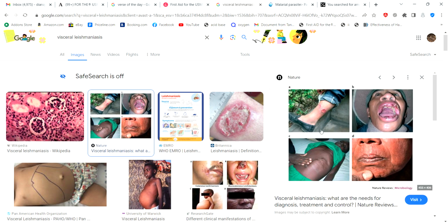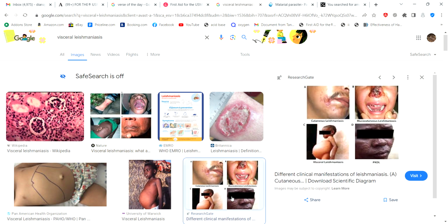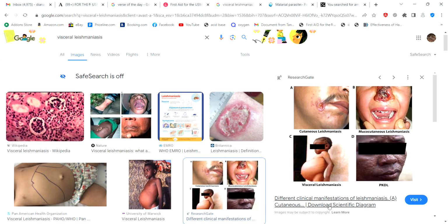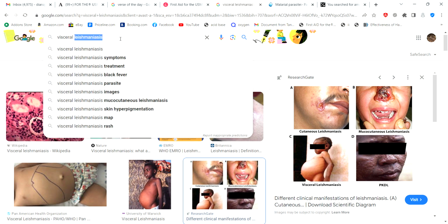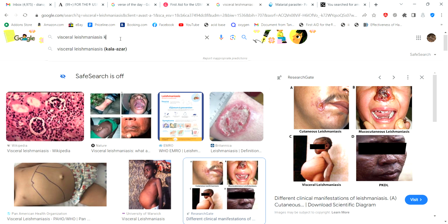So these are all symptoms of it. This is visceral leishmaniasis, and this one is cutaneous leishmaniasis, okay? Kala-azar.